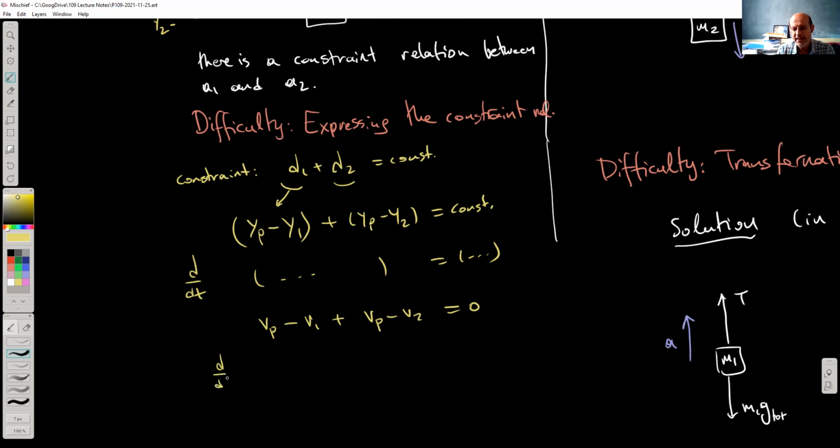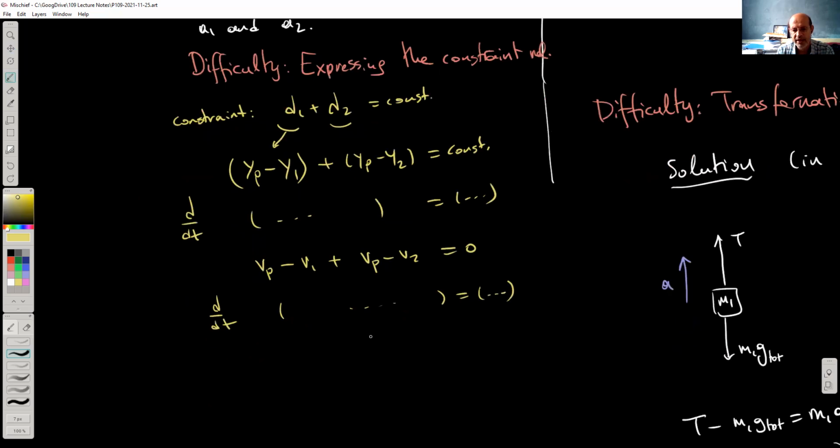And then I take the time derivative of both sides again. The right-hand side is still 0. In that case, we get AP minus A1 plus AP minus A2, that's equal to 0.